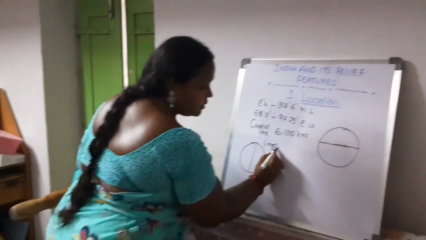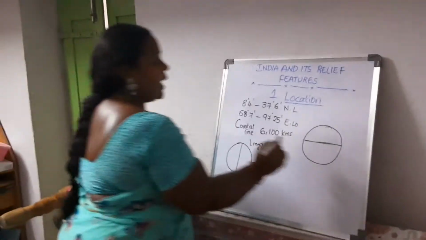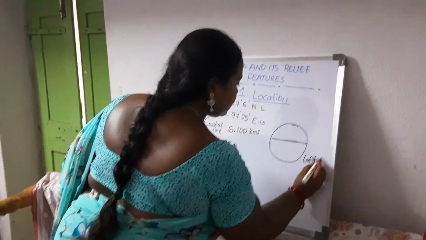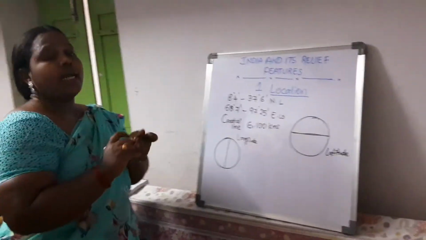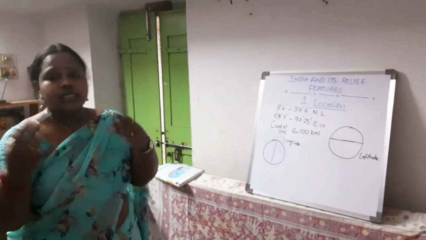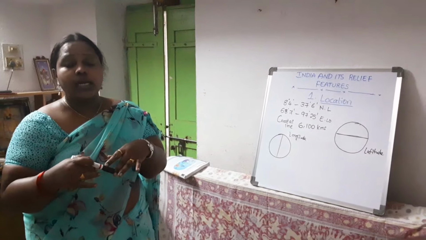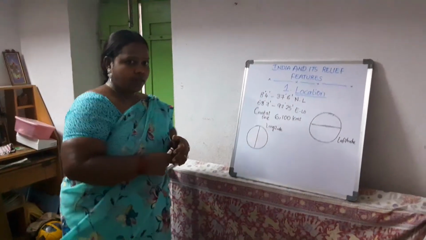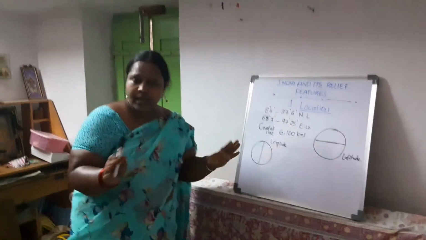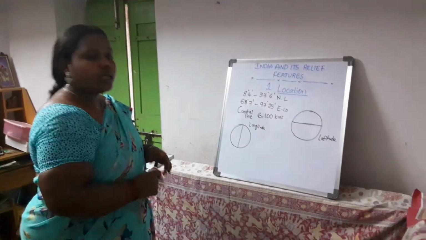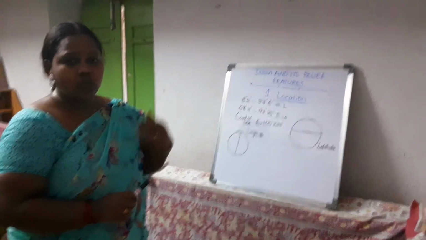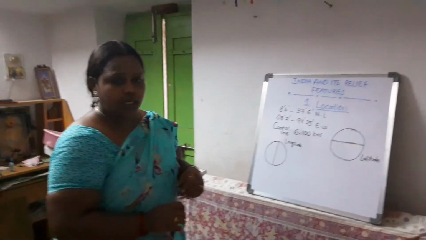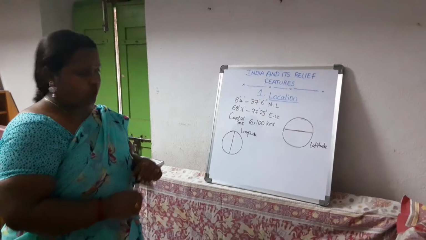So what are these latitudes and longitudes? They are imaginary lines. You cannot see these lines on earth. Latitudes and longitudes are imaginary lines drawn on the globe.